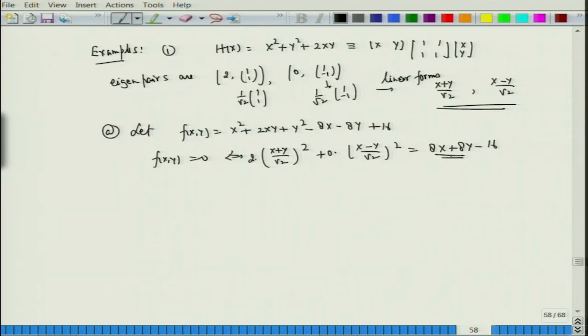From here also I can take 8 common, so 8 root 2 common, and I can write it as x plus y upon root 2, minus 16 as it is. So you can see that this gives me this expression. Be careful, I get this part. All right, fine. So this implies, or is implied by, x plus y minus 4 is 0, exactly one line.